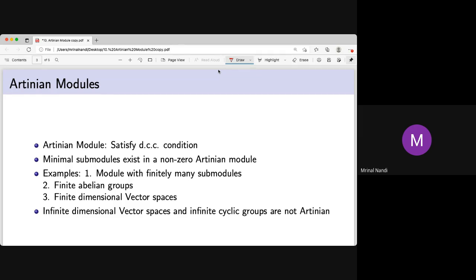What is the use of that? The use is this: when we have to show something is Artinian, that the DCC holds, showing that is rather easy because it's a weaker condition. But once I know the DCC holds, to prove something, we apply the minimum condition because it's apparently a stronger condition.